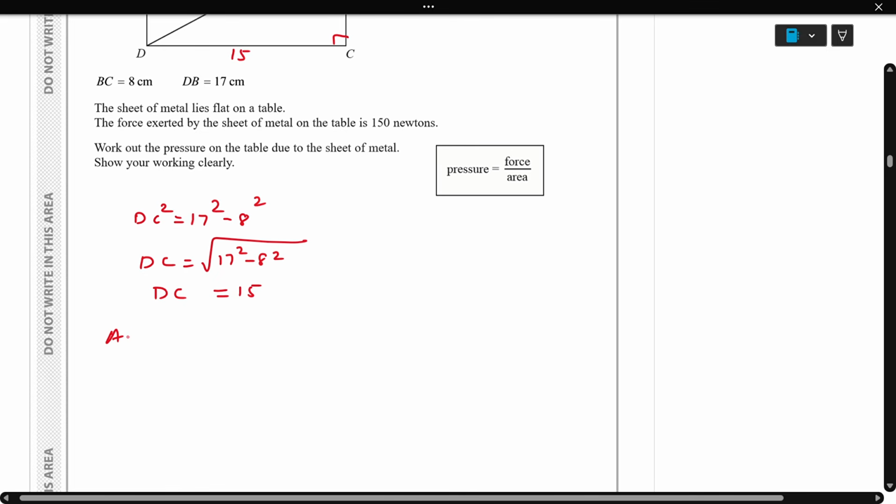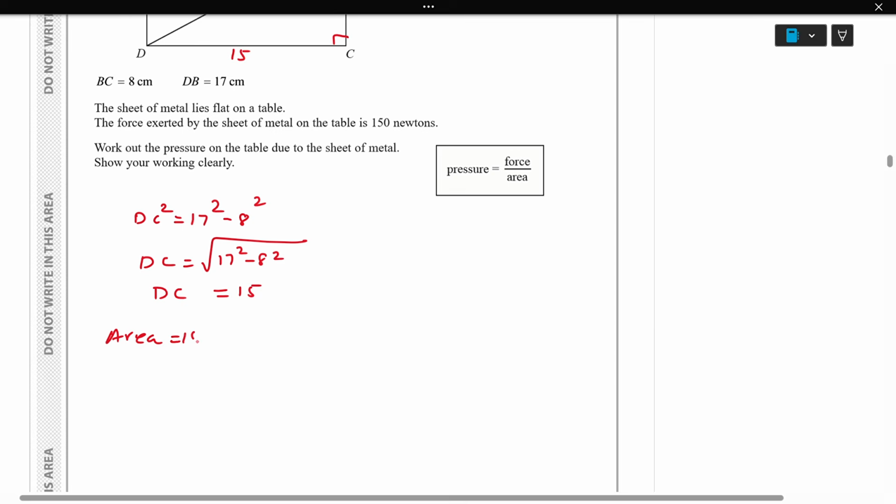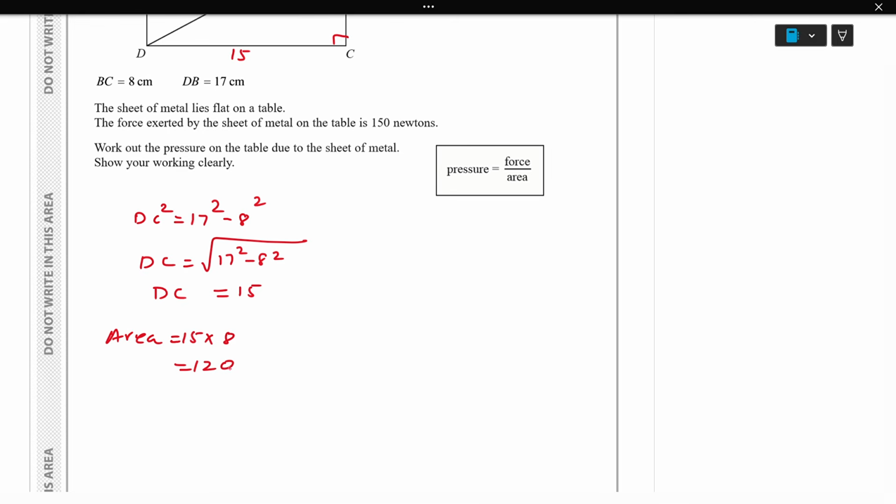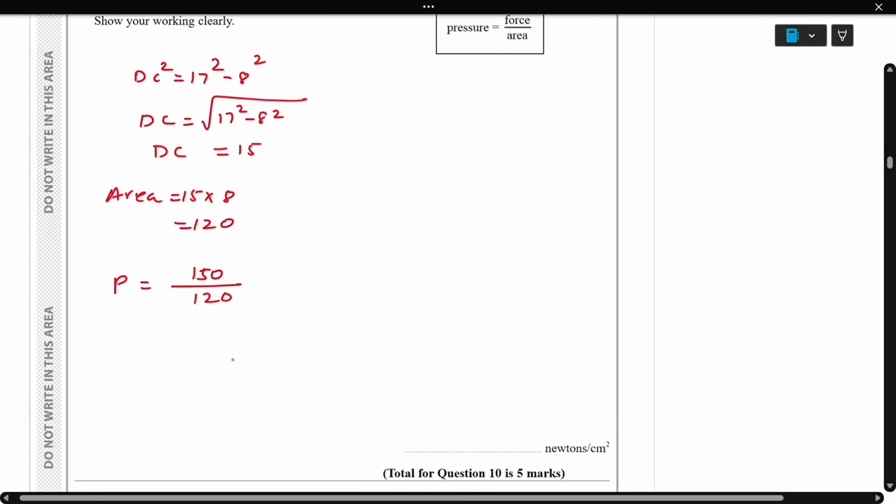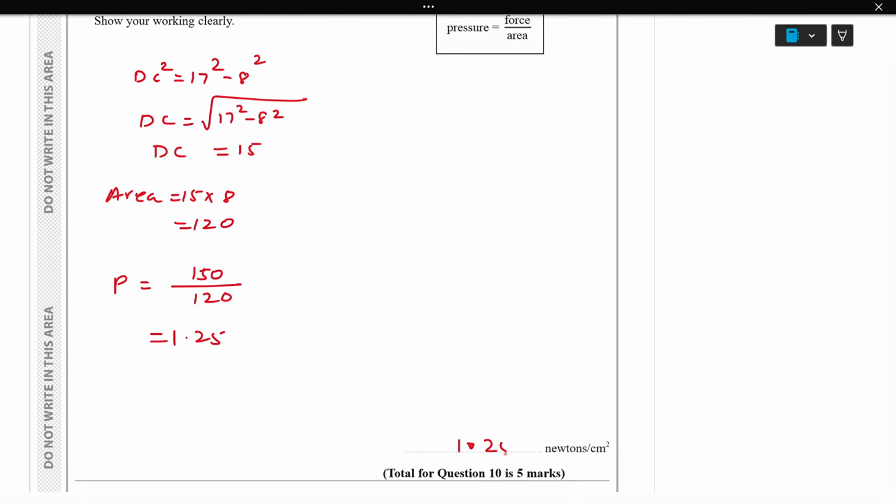So area equal to 15 times 8, which is equal to 120. Now we'll find out the pressure. Pressure equal to force over area. Force is 150 newtons, so 150 over the area 120. So the answer is 1.25.